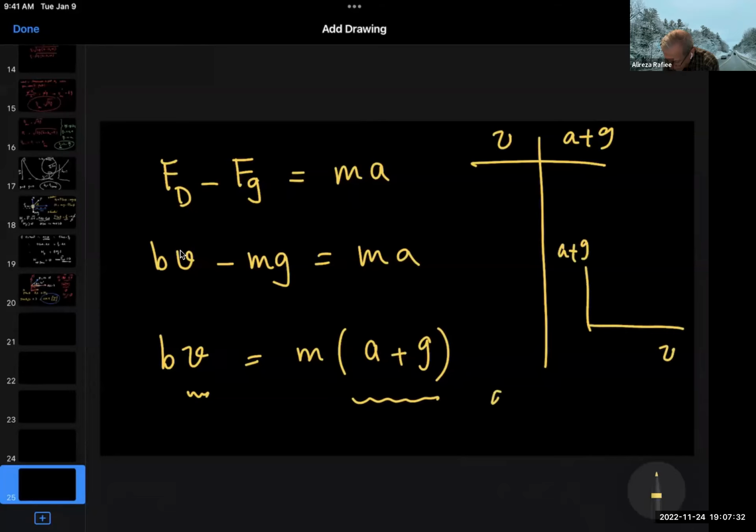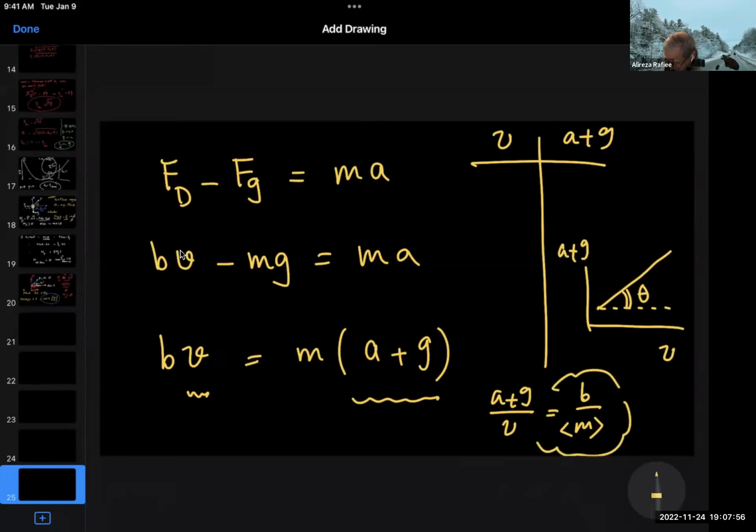You will get the ratio of a plus g by velocity, which is, by the way, b divided by m, and on average you can know the mass of these filters if you know it. And so the slope of this diagram from the horizontal, this theta, would be related to b and the average mass of the filters.